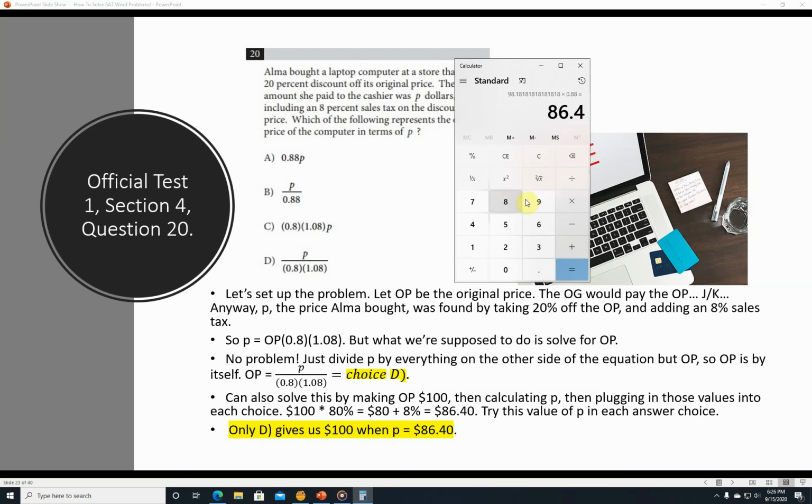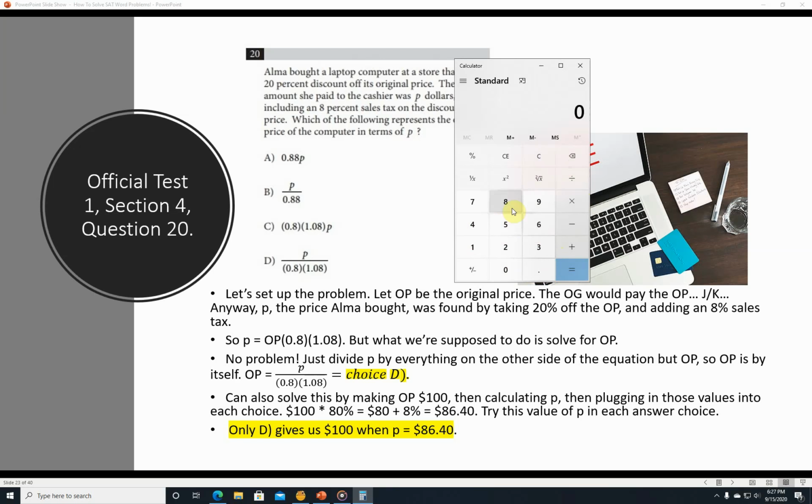And then we're going to multiply by 1.08. Oops. All right, 86.4 times 0.8 times 1.08. Ooh, that's not even close. That's 74.65. Okay, so that's not it.